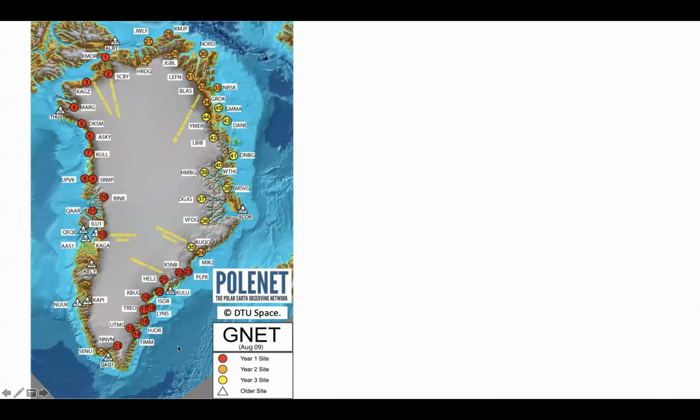This initiative was led primarily by the Ohio State University, the Technical University of Denmark, UNAVCO, and University of Luxembourg. Some of these GNet stations have been in operation for more than 2 decades now. So they give us a precious set of data that we can look at, and we can interpret those data in light of ice-Earth interactions across timescales.